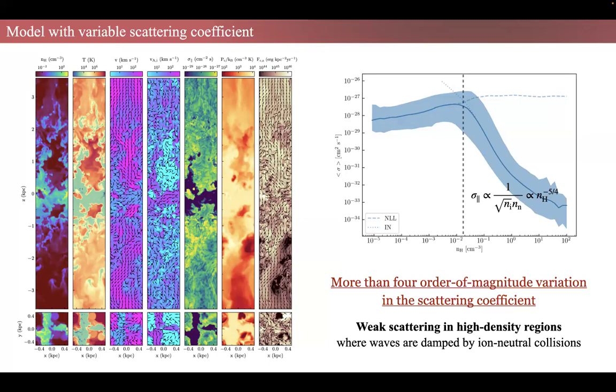In this regime, nonlinear Landau damping dominates. In the high density regime, however, sigma quickly decreases with increasing gas density. So there is an almost 4 order of magnitude variation. In this regime, gas is mostly neutral, so waves are efficiently damped by collisions of ions with neutrals.